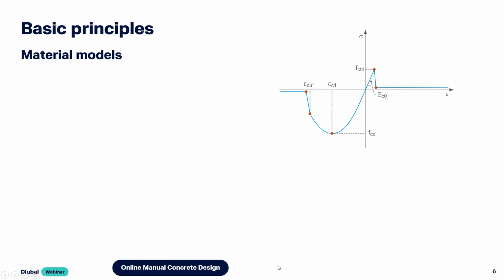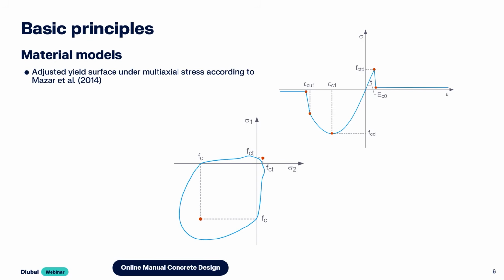Another important aspect is accounting for the material behavior of concrete under a multi-axial state of stress. Shown here is the implemented failure surface for the biaxial state in plane stress. Under uniaxial loading, the behavior is shown here. The tensile strength in the biaxial state is denoted with fct, and the compression strength is denoted with fc.